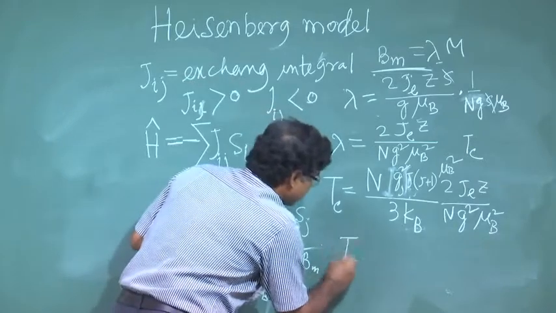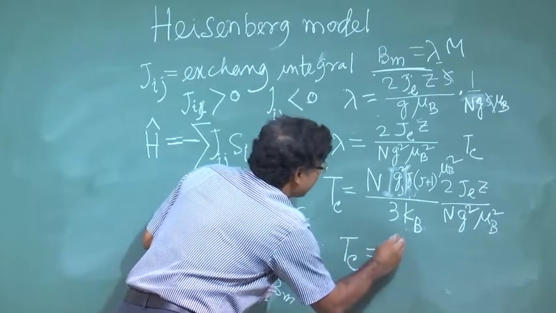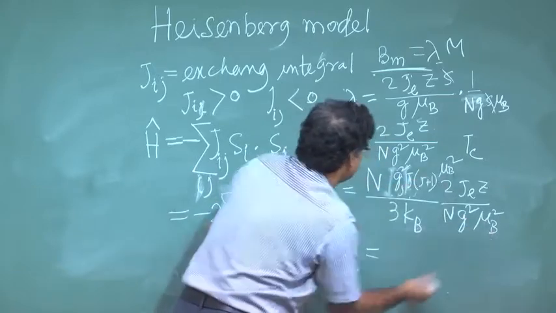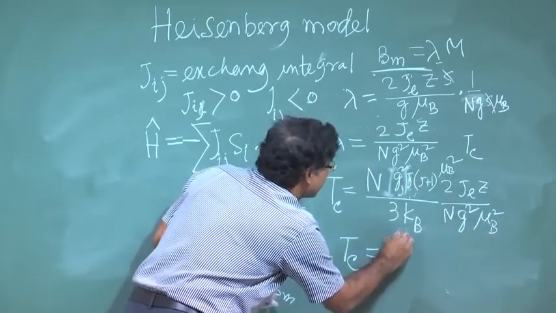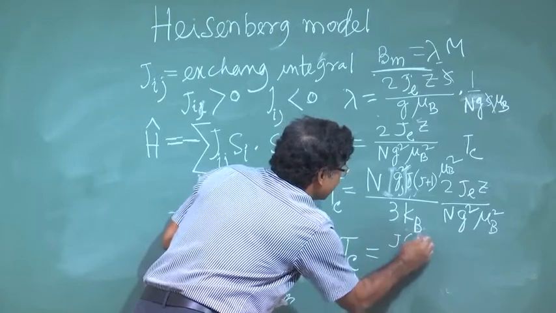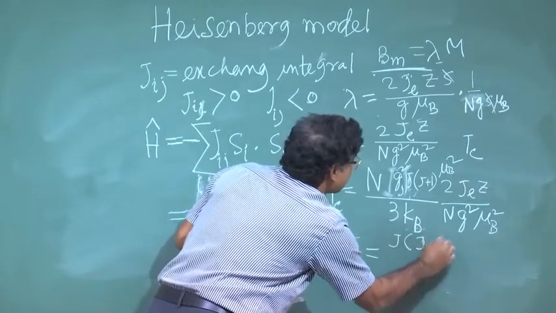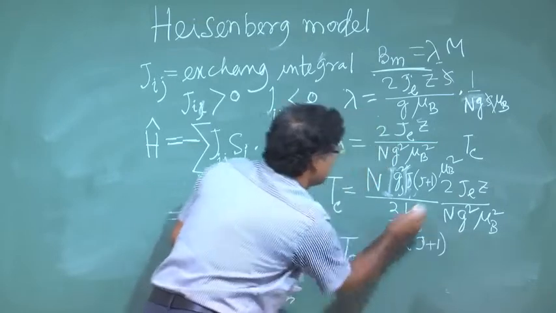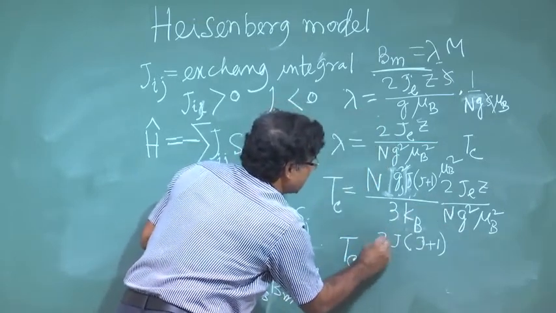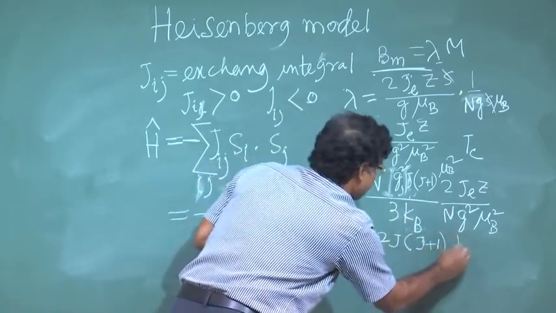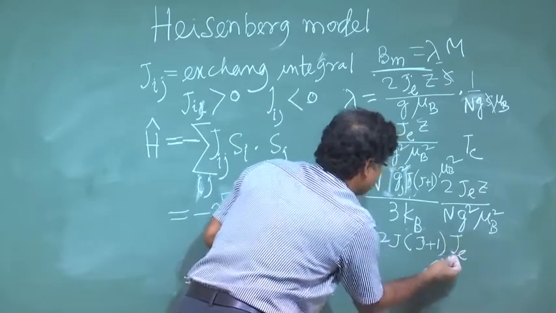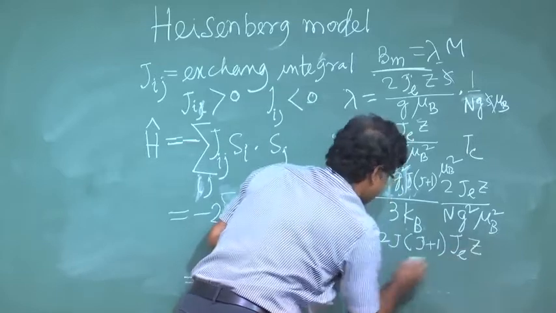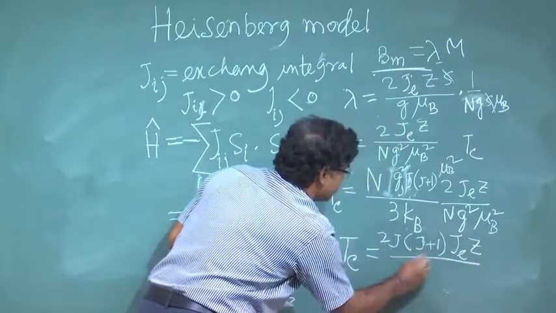So, then Tc you are getting: n will go, g square will go, mu B square will go, I will get J plus 1, 2 J E, this exchange, do not mix with this, Z by 3 kB.